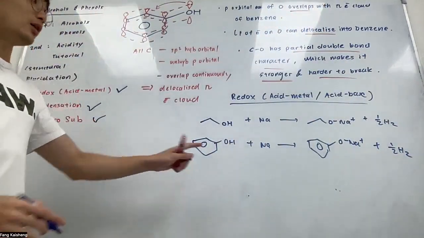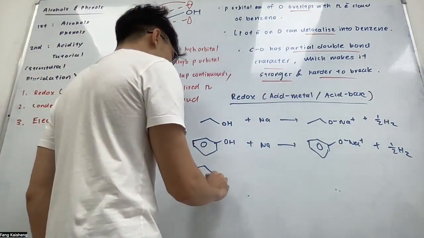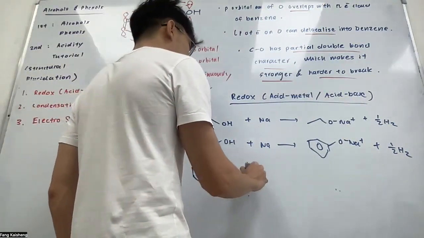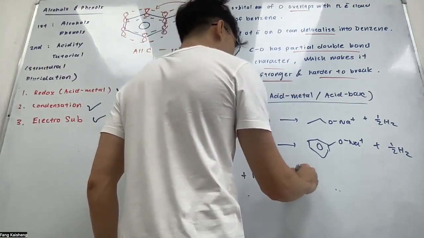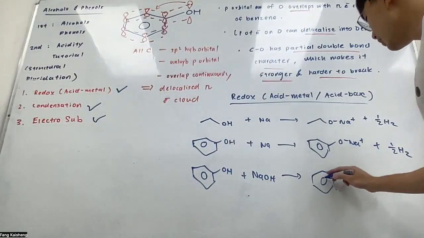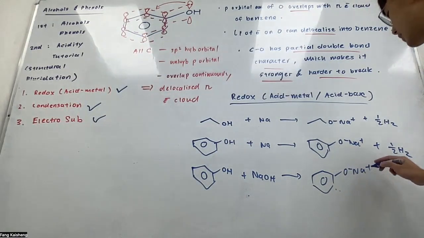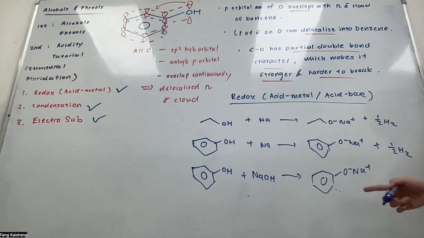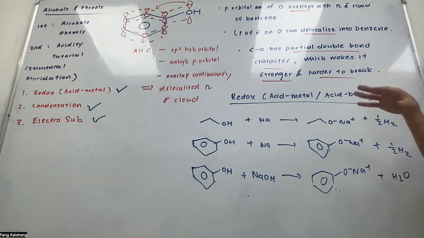However, we have a phenol reacting with NaOH now. Never really seen this before, but suddenly it comes out. You still get the salt and you still get hydrogen gas. Acid plus base gives you salt plus water, obvious. All these are really easy.